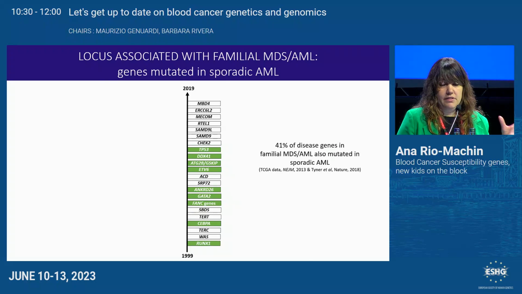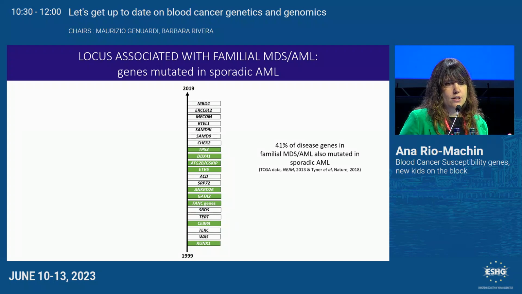The rest of the genes seem to be mutated only in the germline, not as somatic mutations. This is interesting because if we identify new genes that are only mutated in the germline, we can discover new mechanisms of leukemogenesis as well. It's interesting from the biological perspective, but it also indicates that we should include all these genes in the diagnostic panels, even if we are testing tumor samples, to detect new familial cases.